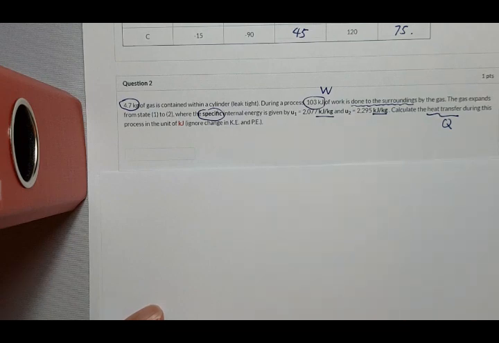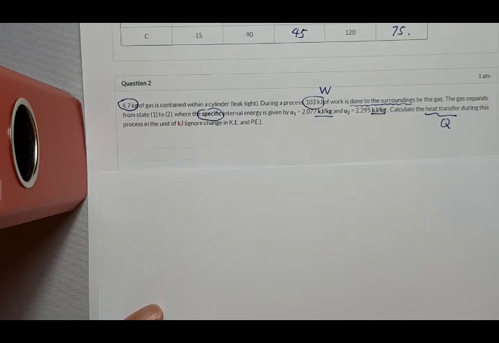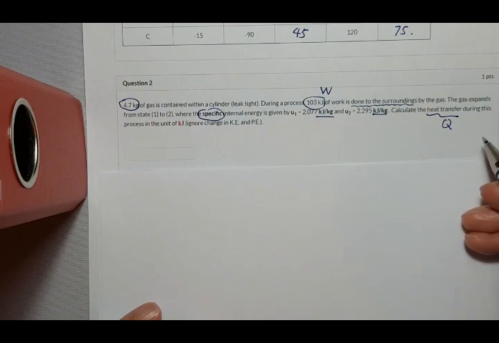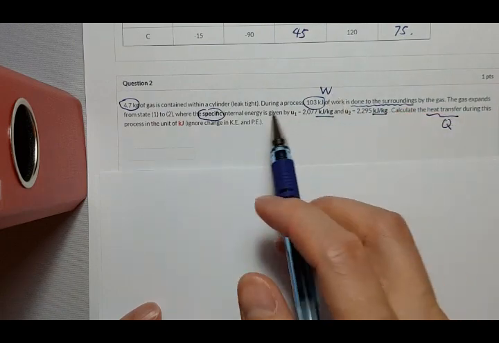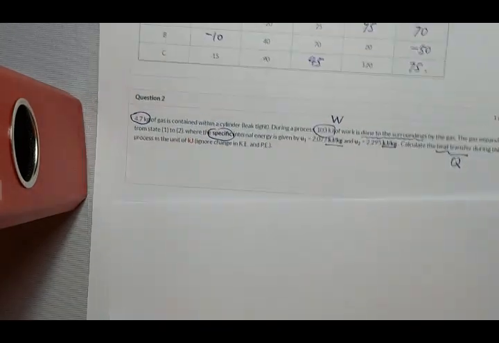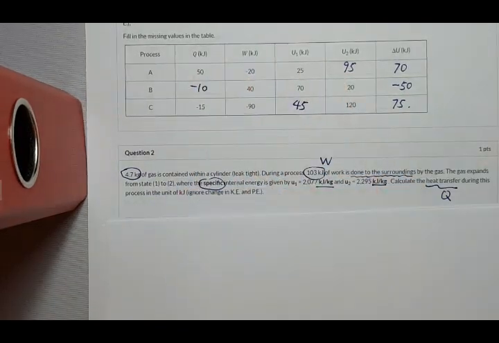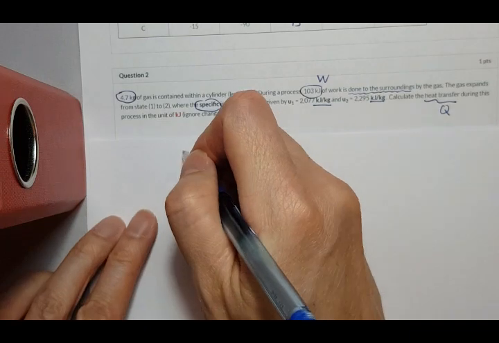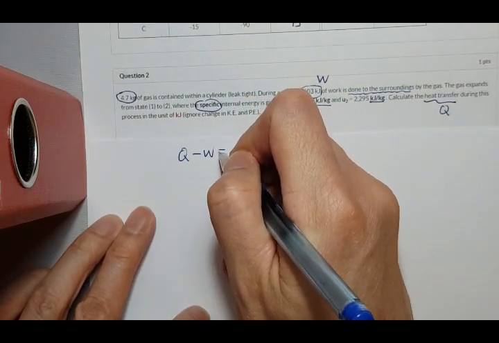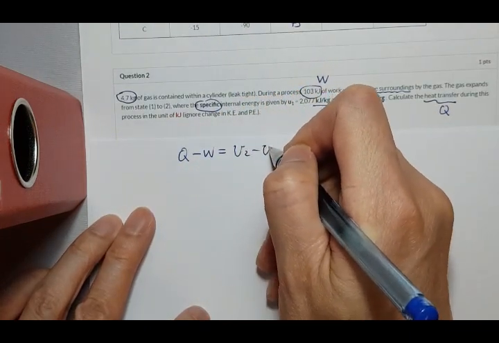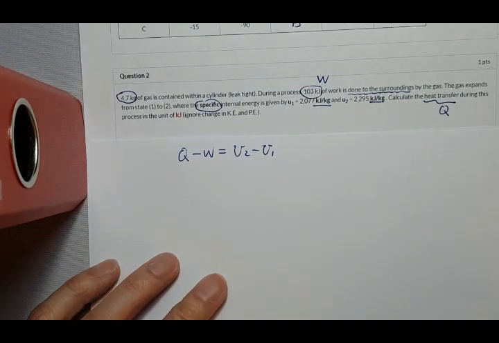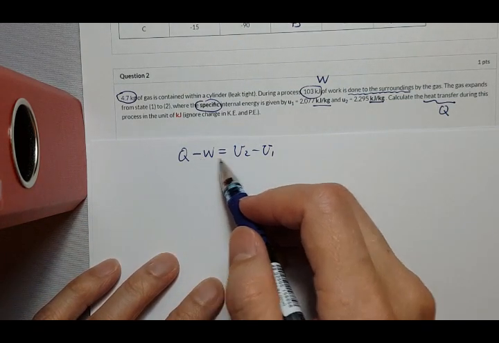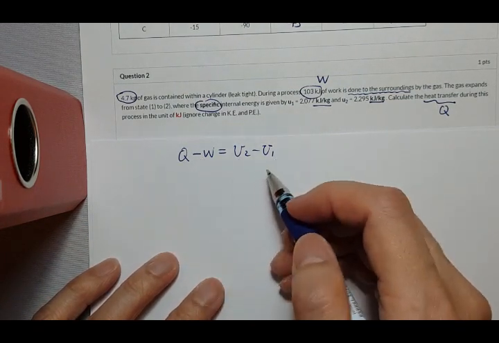Okay, and as I said, the first law of thermodynamics has established a relationship between Q and W. So we're actually using the same equation we used for question 1. So we can write that equation Q subtract W is equal to U2 subtract U1. Okay, as you can see here, all these are capital letters.